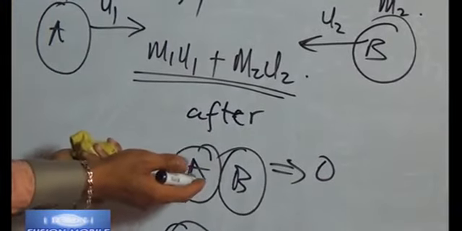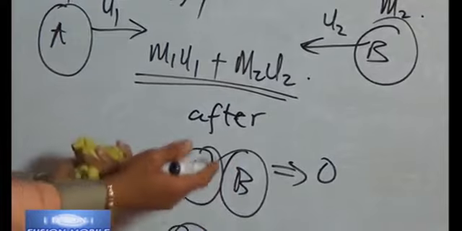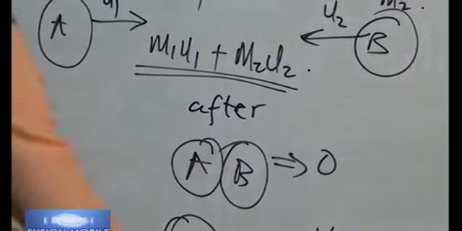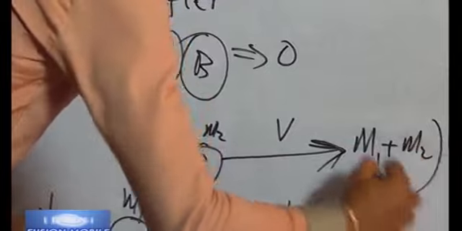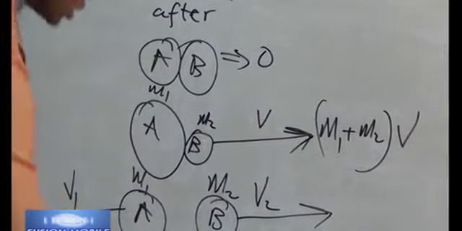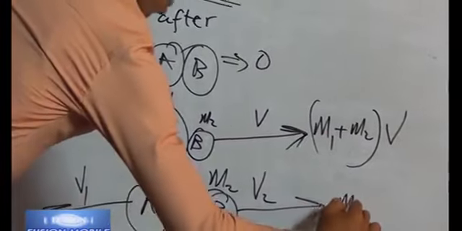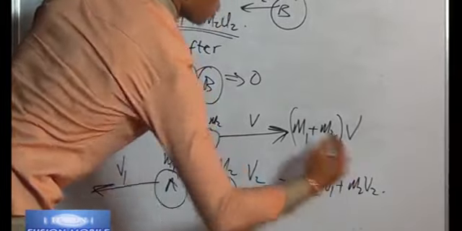Because no movement, even though the masses are there, there is no velocity, so it's 0. Coming over here, we have m1, which is the mass of A, and m2, which is the mass of B, all now moving with a common velocity v.